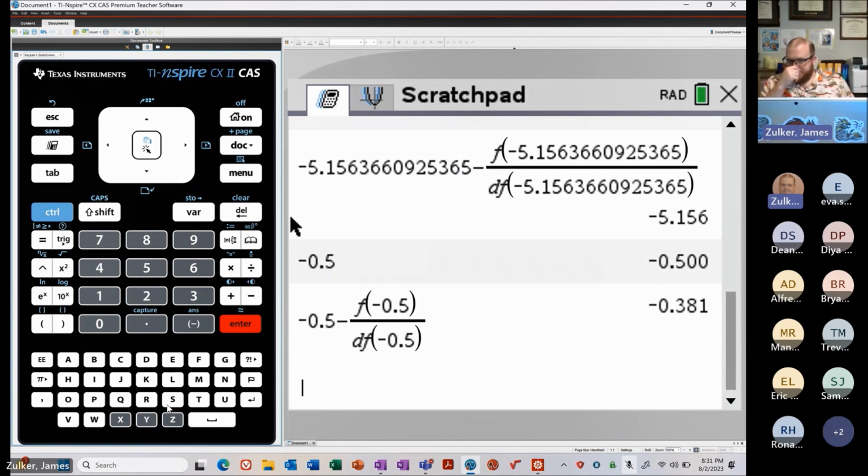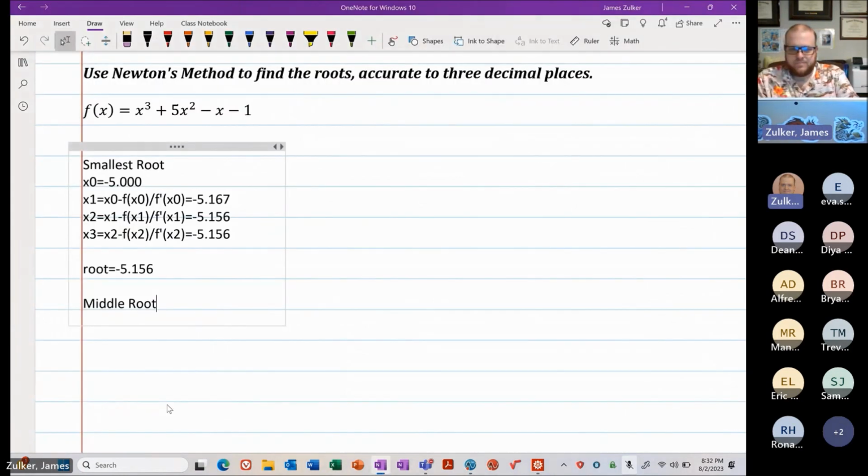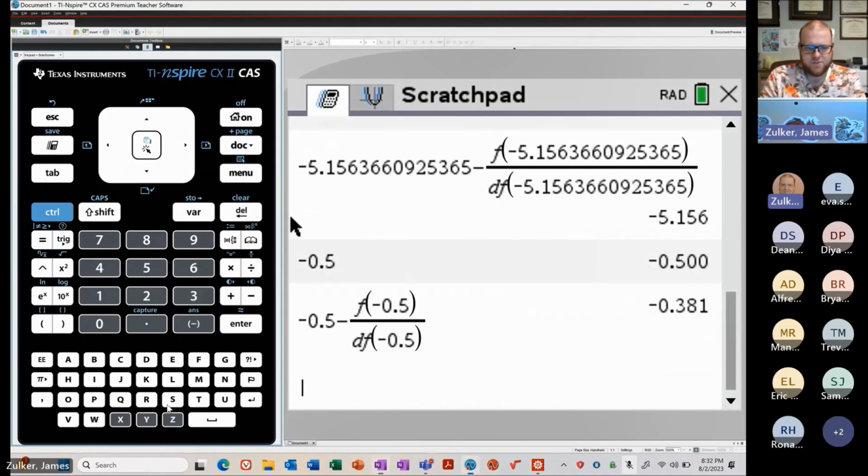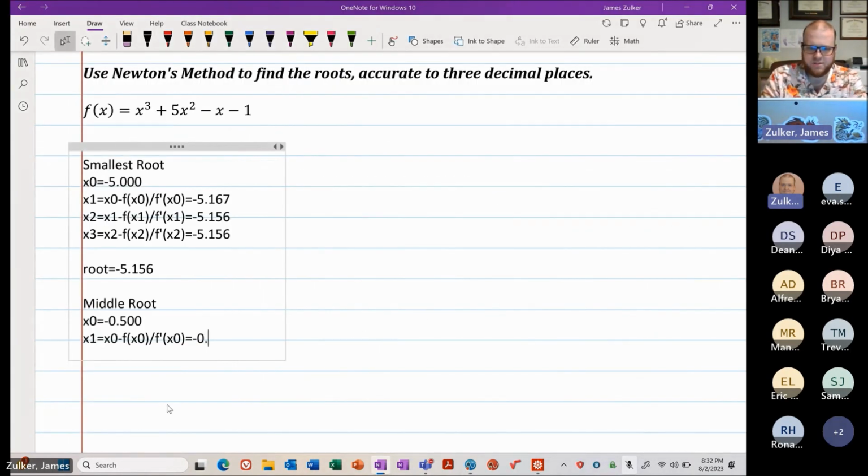And then there's x1. x0 we took to be negative 0.500, and x1 was negative 0.381.